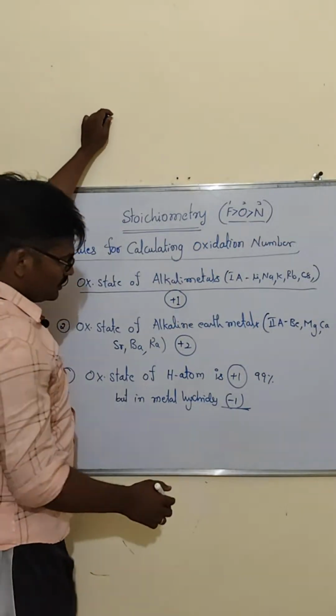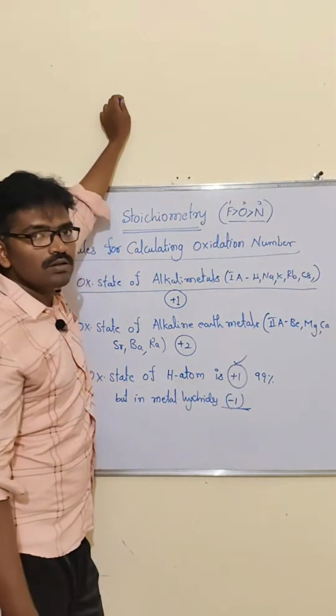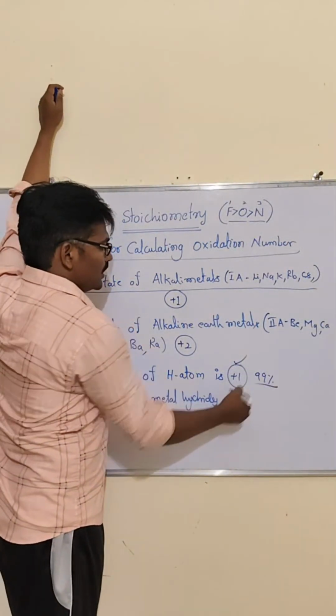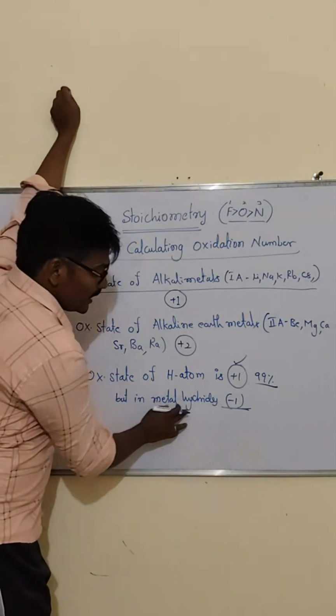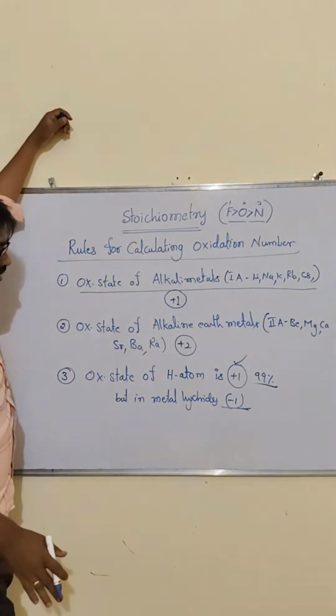Clear, all of you? So hydrogen atom generally has +1 oxidation state, this is the 99% case, but in metal hydrides it can get -1 oxidation state.